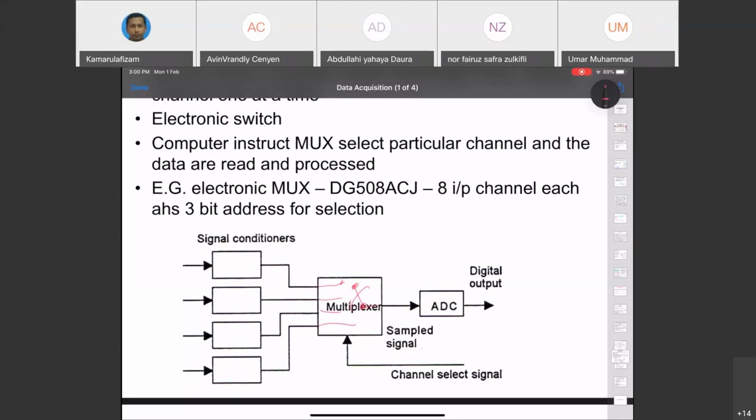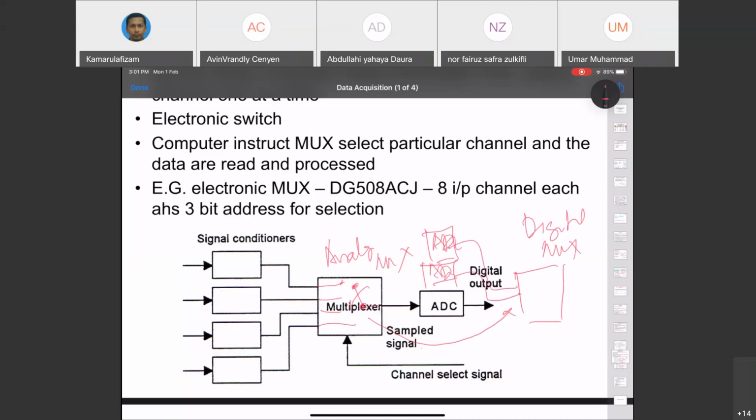Then the multiplexer depends. In this case, this is an analog multiplexer. If the multiplexer is positioned before the ADC, this is analog. You can also move this multiplexer into this position as a digital mux. Of course, here you have many sensors that you have to connect.